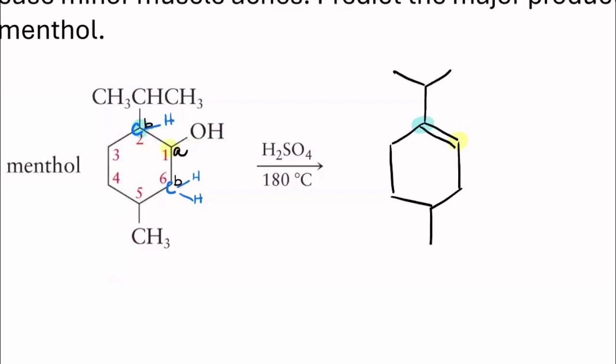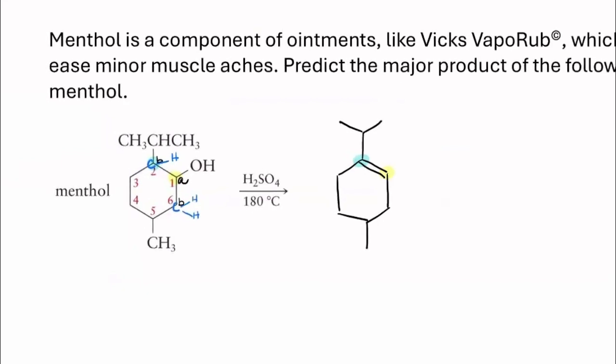So if I rewrite my molecule, and next I use purple to highlight carbon 6, which is right here. And I again highlight carbon 1 in yellow, when specifically carbon number 6 loses one hydrogen and it combines with OH.